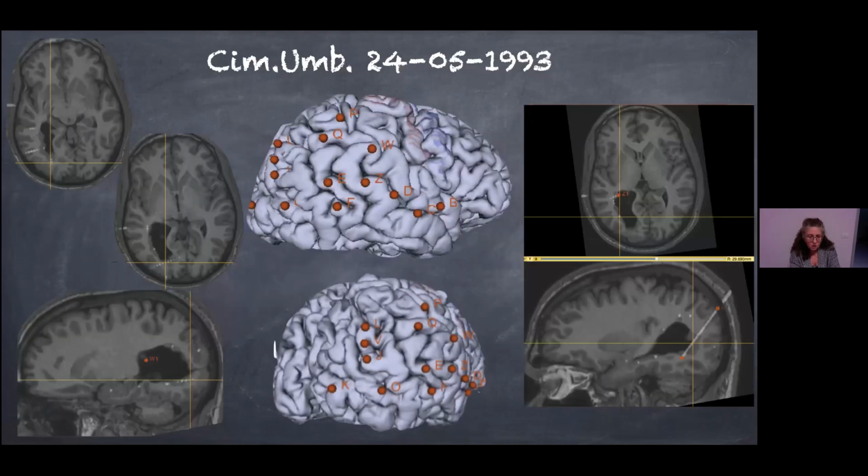So we explored very extensively, trying to reach different parts of the nodule with different electrodes, as you see, all those electrodes that come from the very posterior part of the brain, trying to reach the different parts of the nodules.